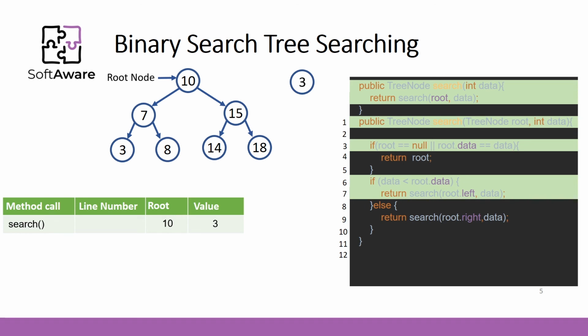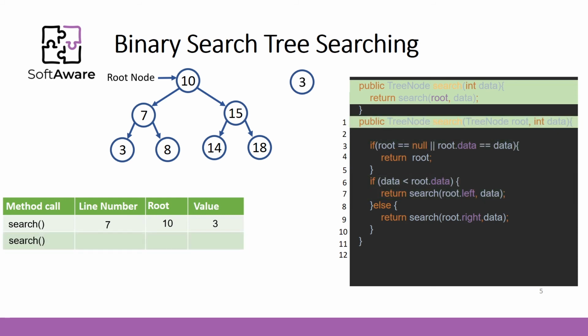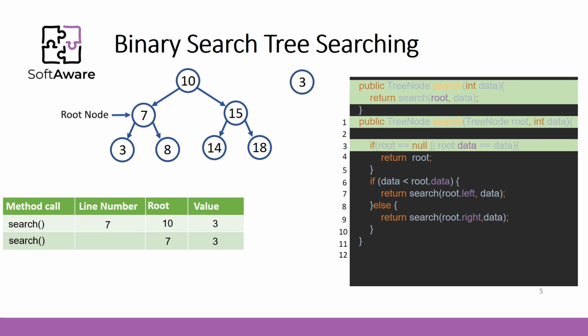As we will have another method call, let's keep the information about the current method call. We are leaving this method call at line number 7, where root is 10 and data element or value is 3. We know that our root is now 7. It is not empty and not equal to the data element of 3, so we skip to the second if condition check.